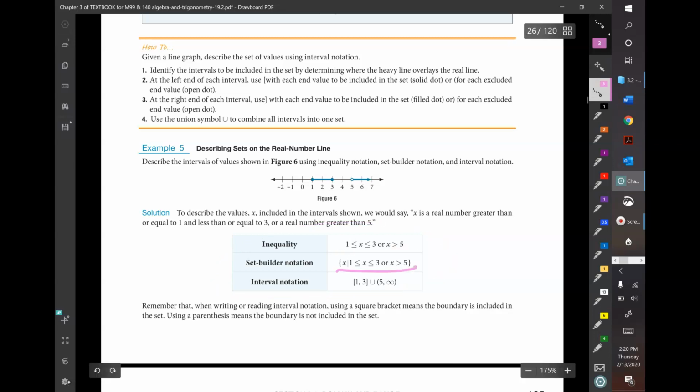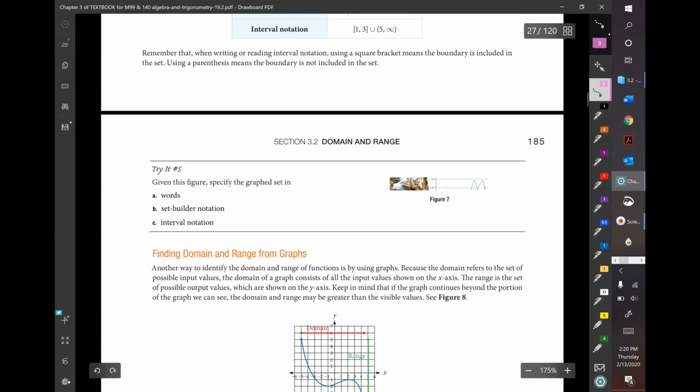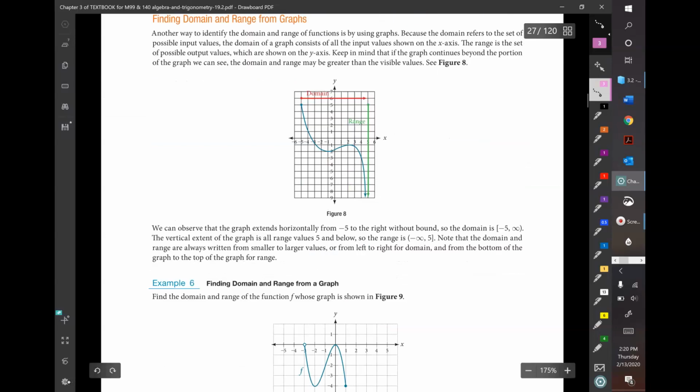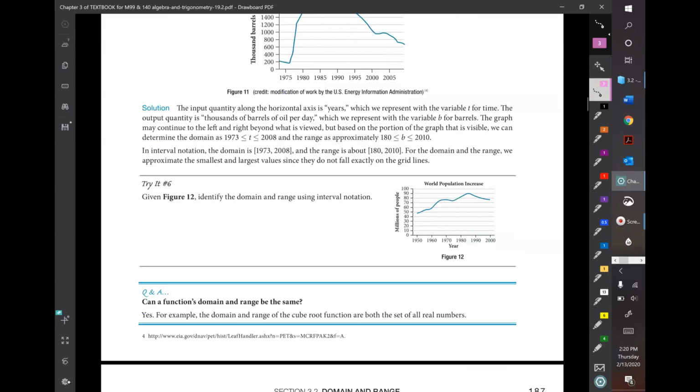Set builder notation is with the braces around and using the such that symbol, and then interval notation is having your either a bracket or parenthesis, and maybe you might have a union or intersect. And there's just lots of good stuff in here, more than I'll cover.